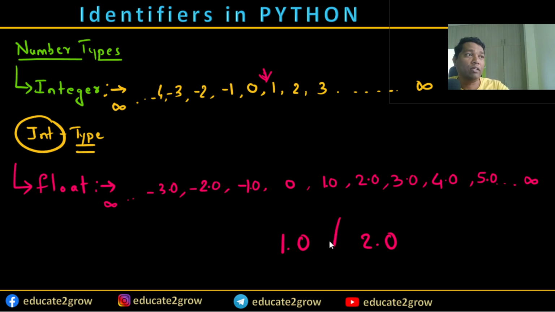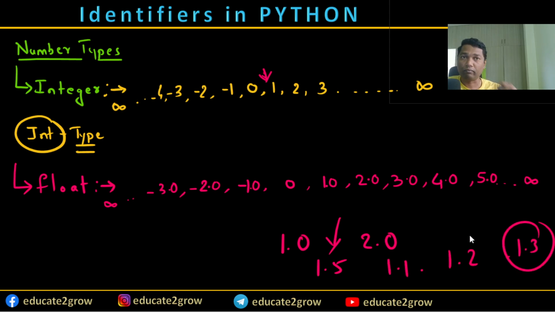So anything in between, like 1.5, 1.1, 1.2, 1.3, everything is part of the float. This kind of numbering system, you're not able to get from the integer. Got it? So that's the reason float is very important. Let's go to the programming window and see how exactly this will work.